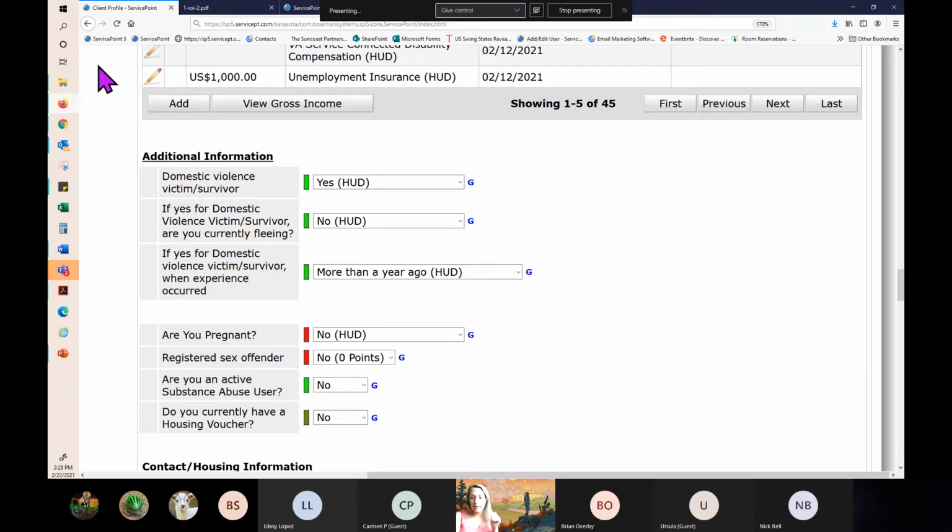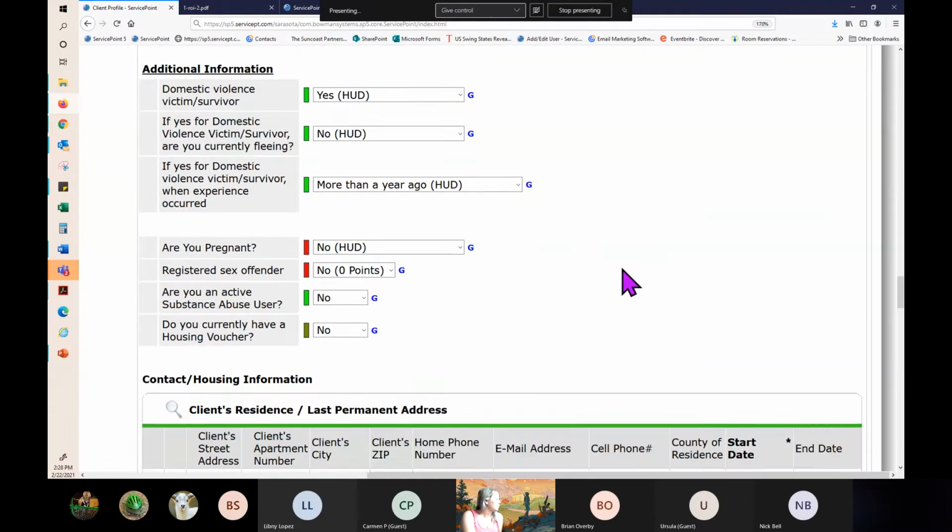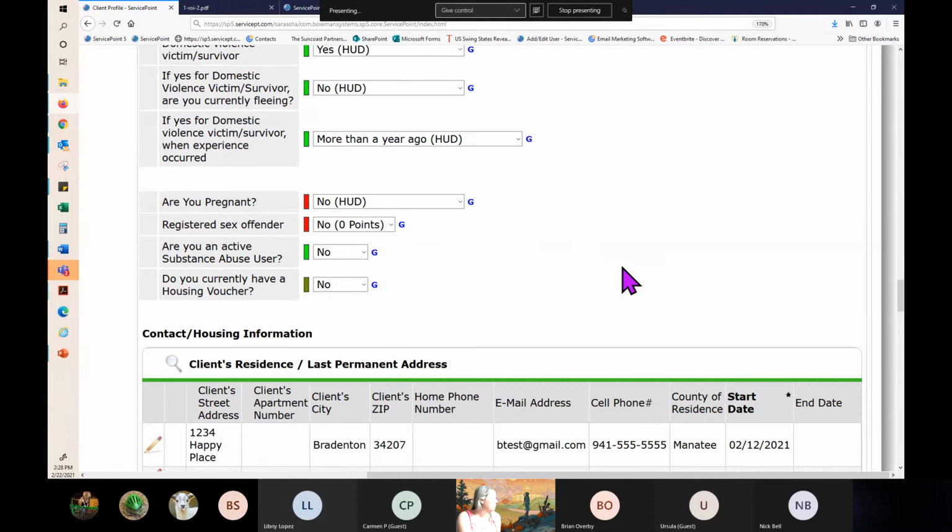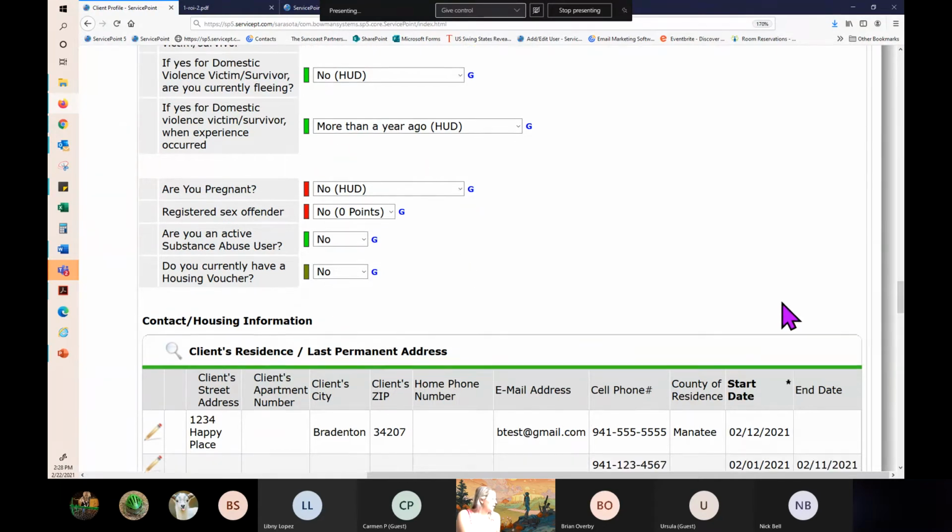We did not receive that funding, whether it was because we didn't identify the need based on the data or not, I'm not sure, but I implore all of you to ask and answer accordingly with our clients. Please tell their story. Are you pregnant, registered sex offender, substance abuse user, and have a housing voucher? Please answer all of these questions.